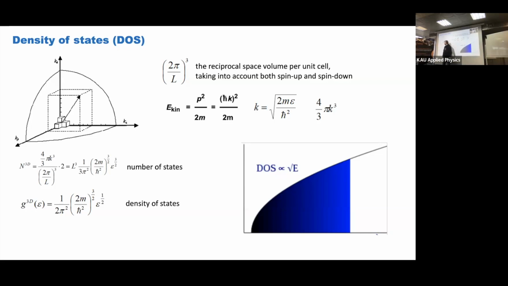And what is the volume of this sphere? It's just the volume of a sphere, (4/3)πk to the power of 3. What is the maximum wave vector? It is called the Fermi vector, or we can also call it Fermi energy or Fermi momentum.